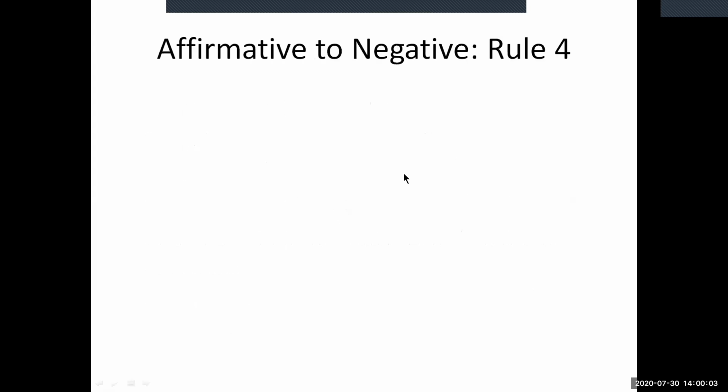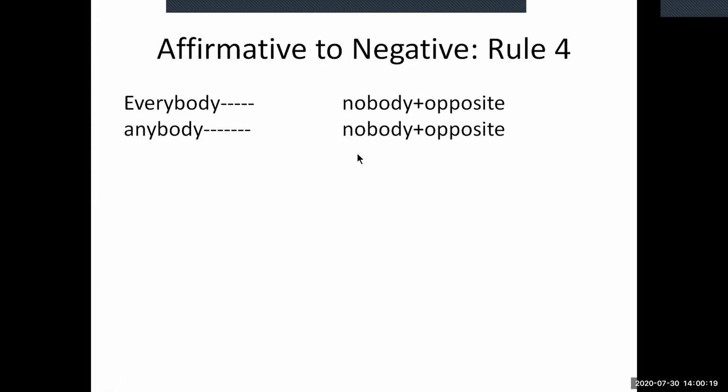We are moving to rule 4, which states that if there is everybody in a sentence, we make the sentence negative by using nobody plus opposite, I mean opposite in meaning. If there is anybody, we make the sentence negative by using nobody plus opposite.